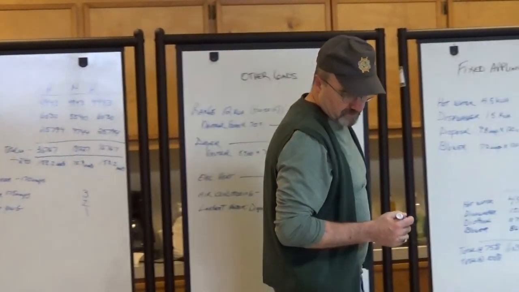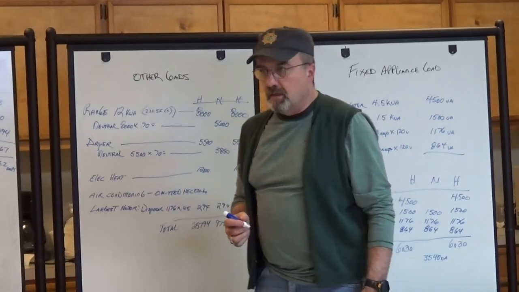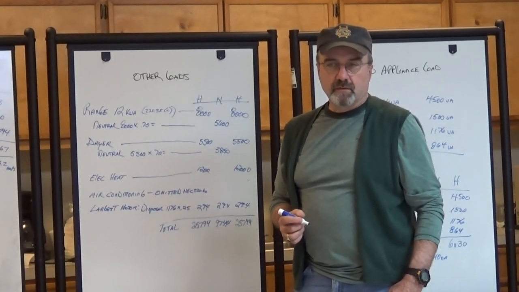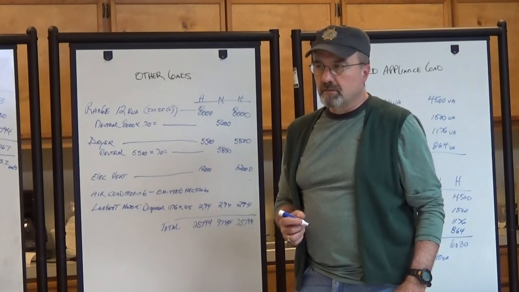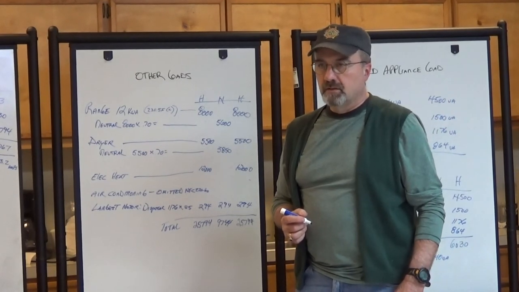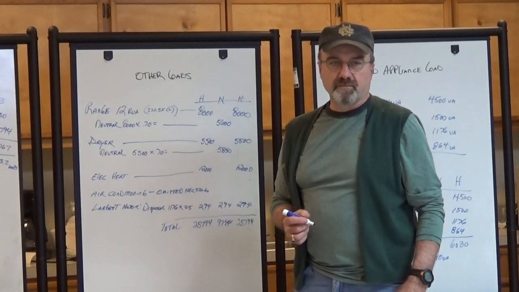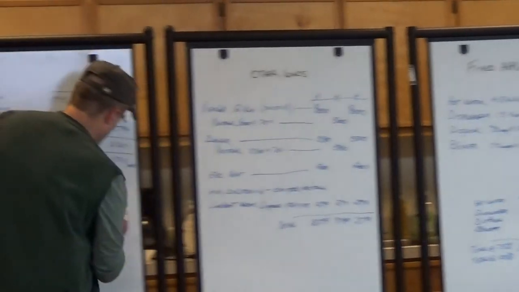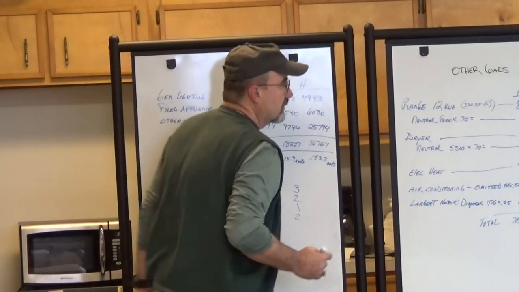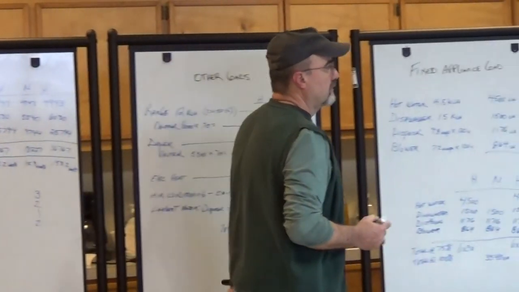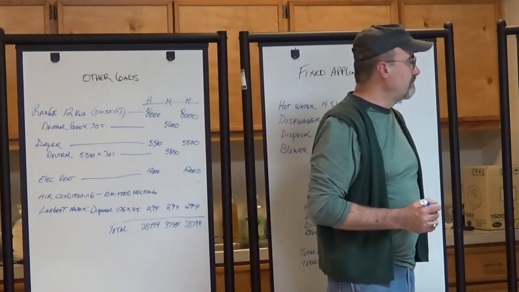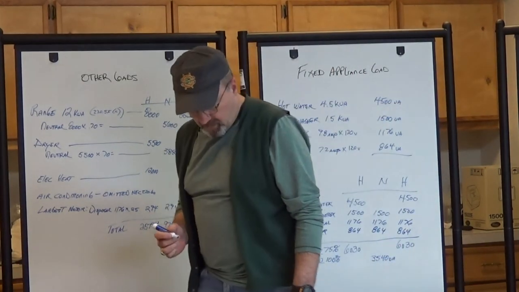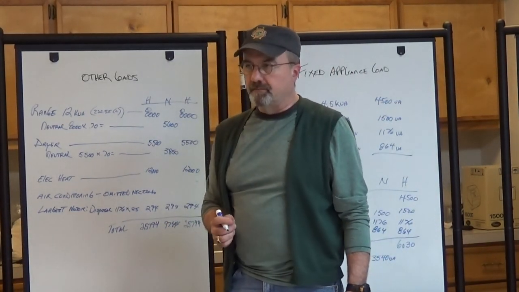What else? The hot water heater. How many volts is that? 240, so we need two spaces on the panel board. Dishwasher, what voltage is that? 120.